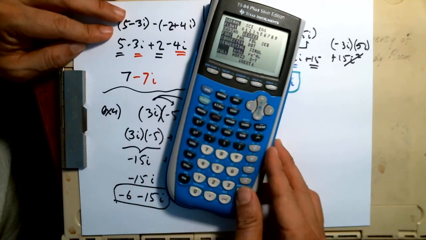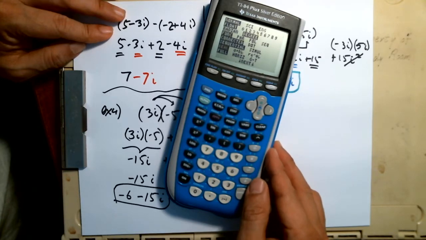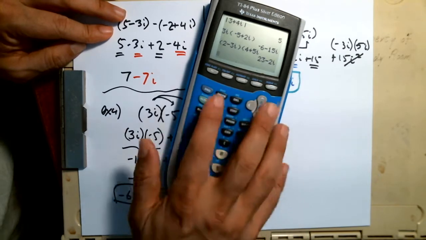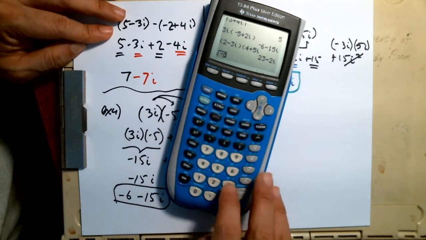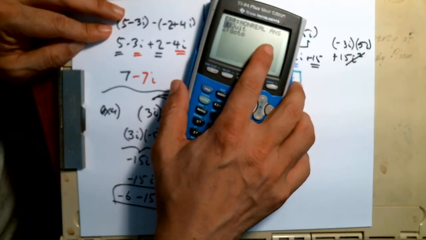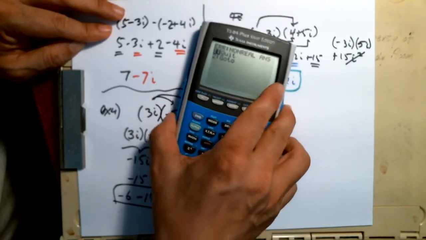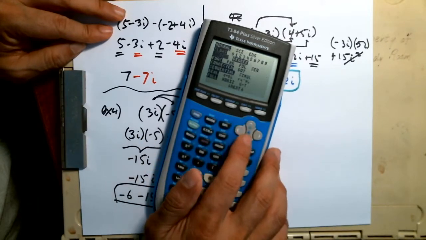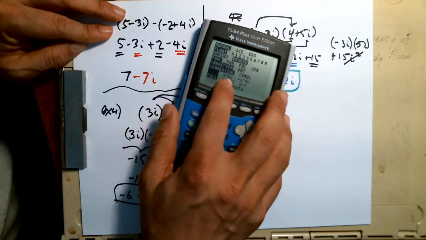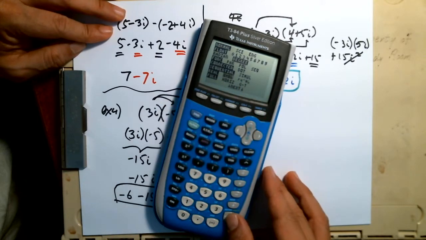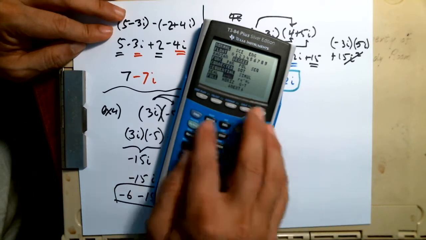If you're at the real mode, and then let's try it again, square root of negative 9, you end up with a non-real answer because it's an imaginary answer. So you can't really do that. So what you want to do is go back into your mode, the wrong mode. You can't get your answer right. So use the right arrow key, press enter. Now you're in the imaginary mode.